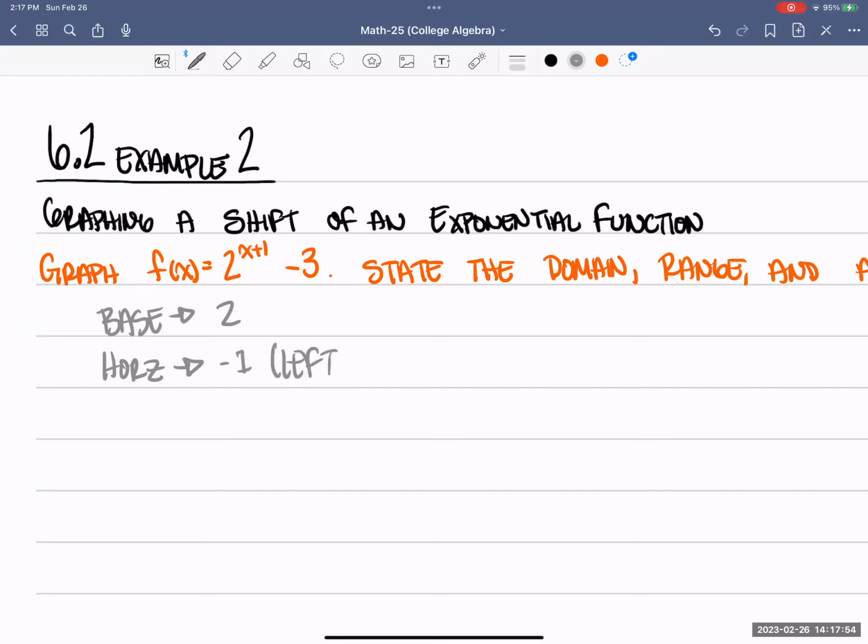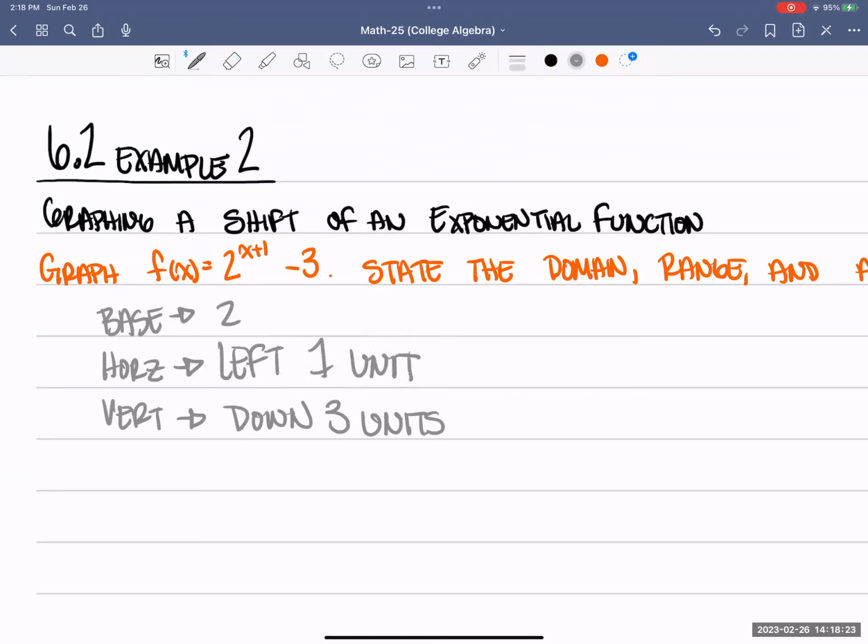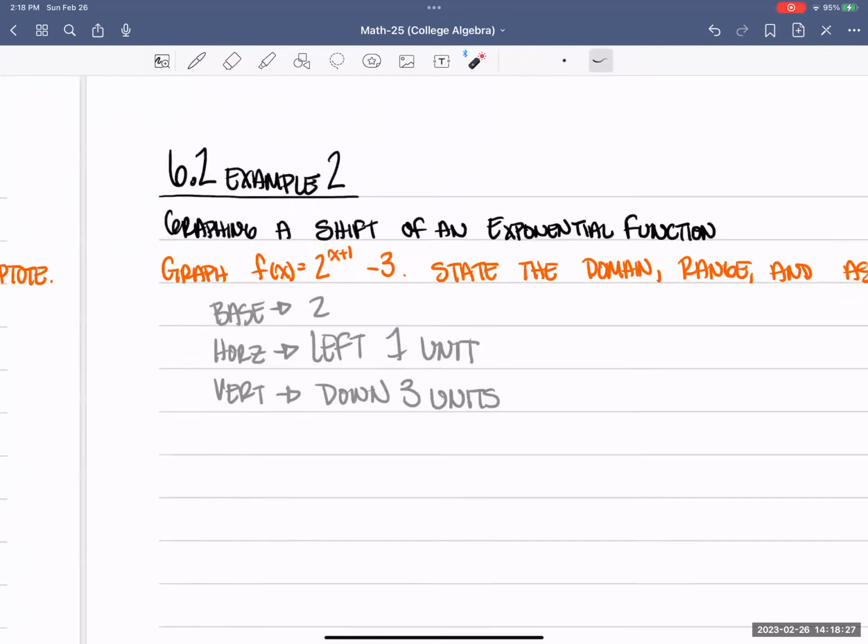So left 1 unit. And our vertical shift: here we have a minus 3, so up and down. This is going to be down 3 units. So left 1 unit, down 3 units, and our base is going to be that 2.